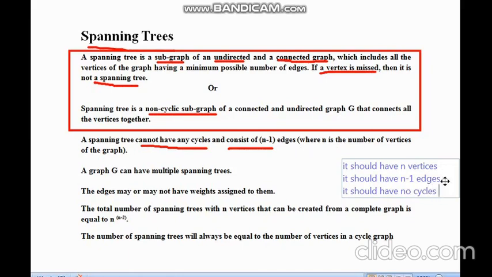So these 3 points are very important: n vertices, n-1 edges, and no cycles.